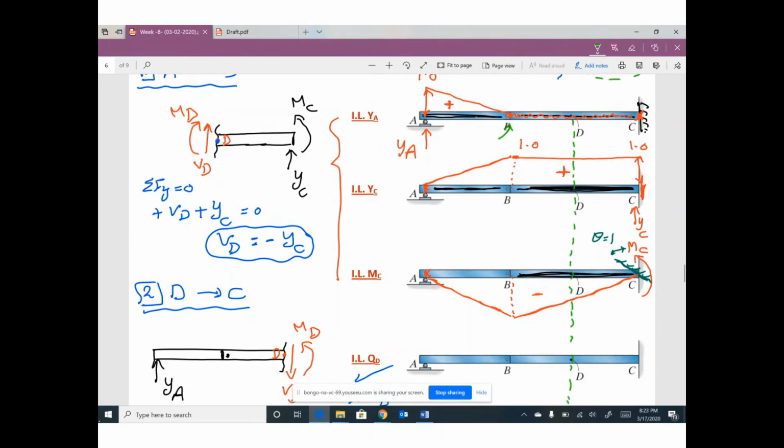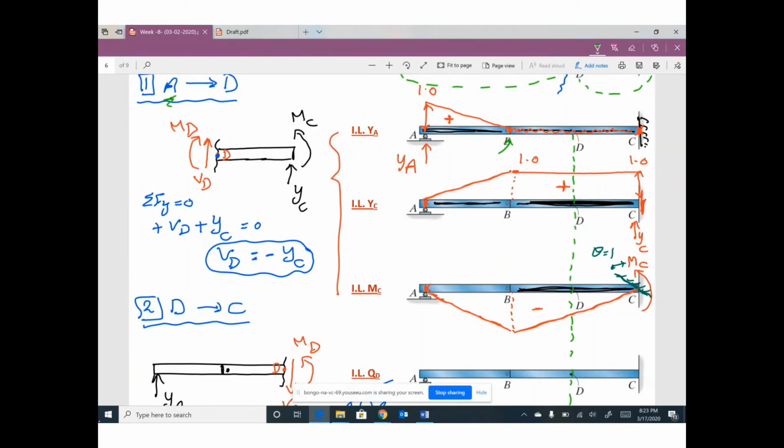First trip from A to D, we are looking for YC negative. From A to D. Where is YC? I'm sorry, YC in this location, you are talking about this one. One more time, from A to D, here is YC, this diagram.